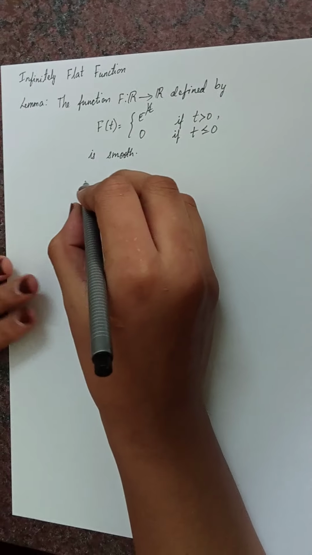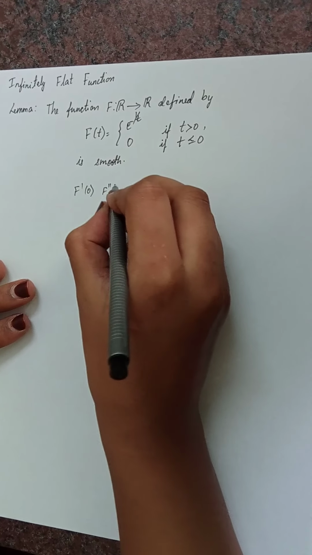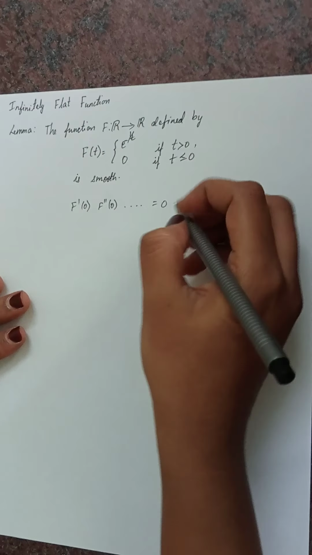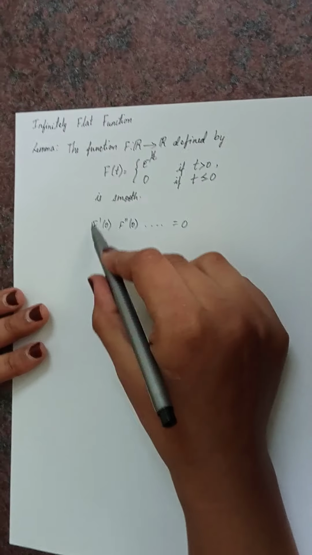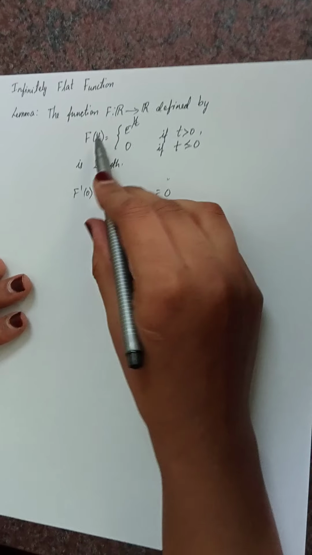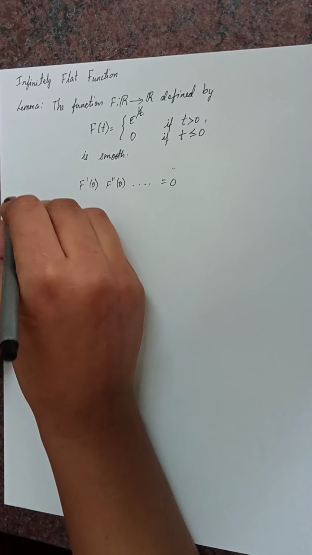Now we need to see whether f dash of 0, f double dash of 0, and so all derivatives are 0 or not. Obviously they are equal to 0 when I equate t to 0 because I have defined the function in such a way. So now let us prove this.